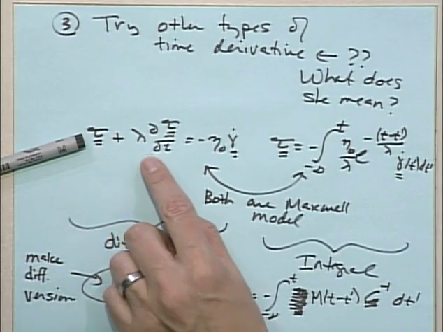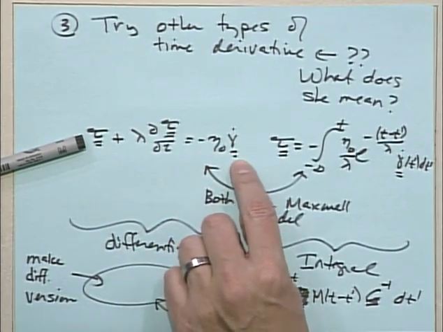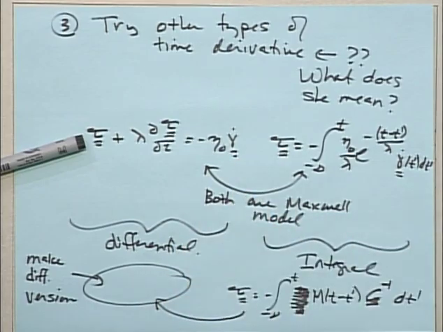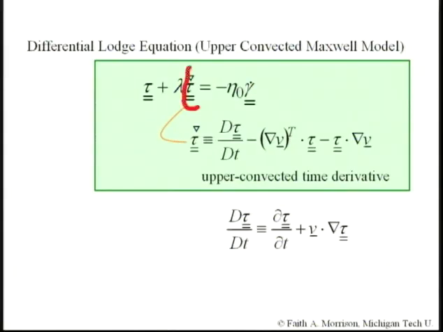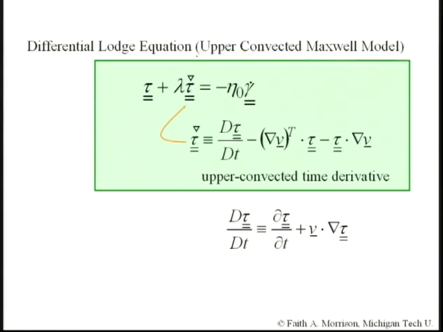Tau plus lambda times a term equals minus eta naught gamma dot. And if we define this term as a time derivative, and here's what it's defined as, then it looks just like a Maxwell model. This model is called the Upperconvected Maxwell model. Very famous. It's in most simulators, Upperconvected Maxwell model. And it is the differential version of the Lodge model.